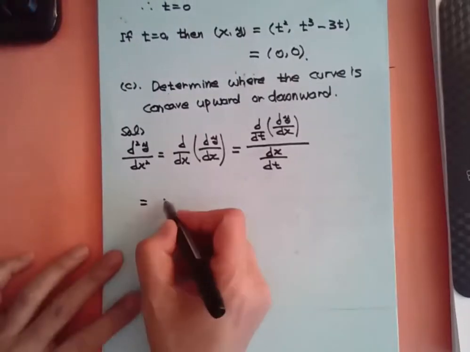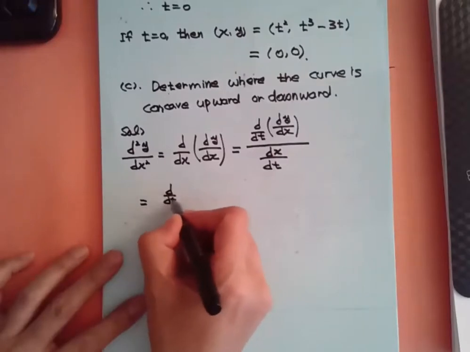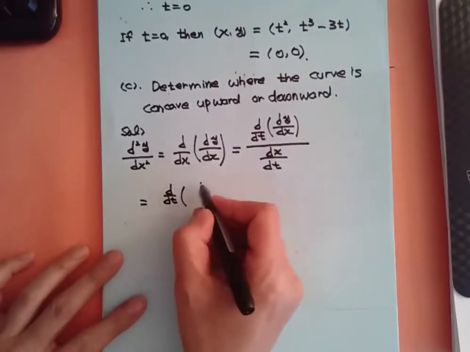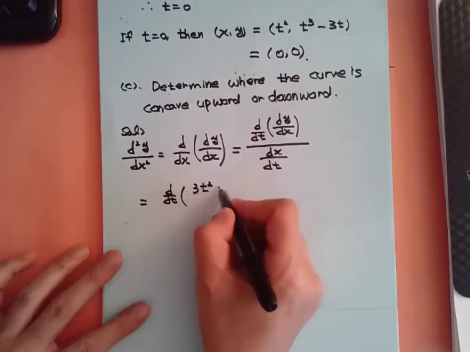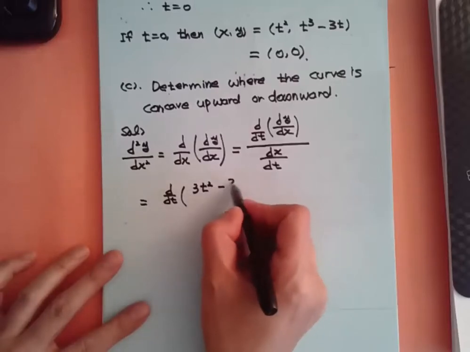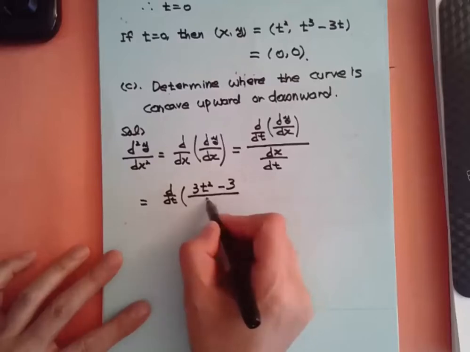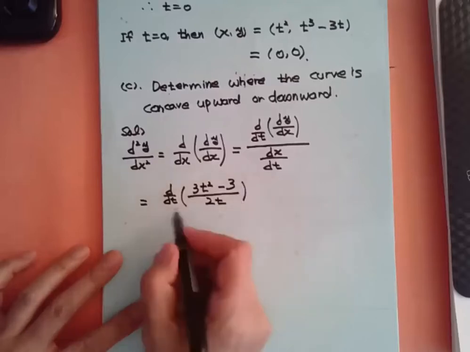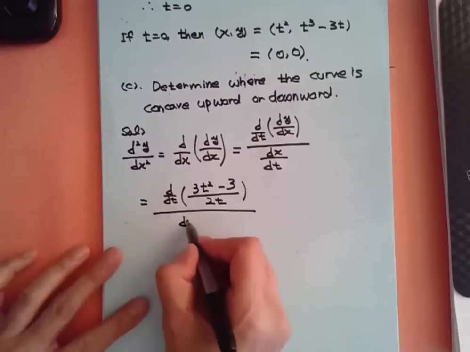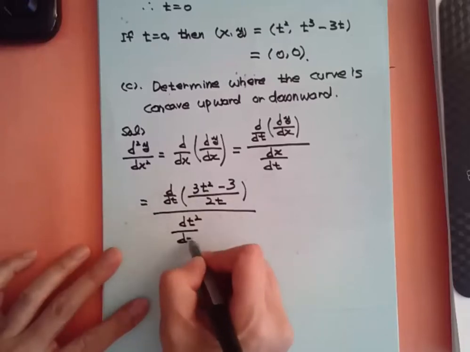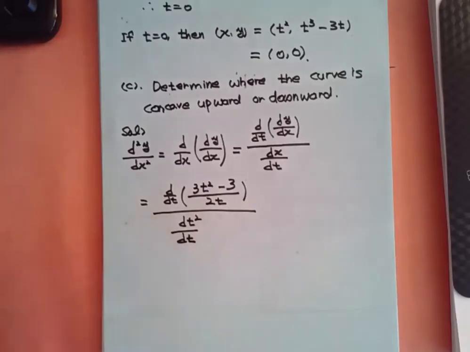So that equals d dt of dy over dx, which is already calculated, and that is 3t squared minus 3 over 2t, over dx over dt.